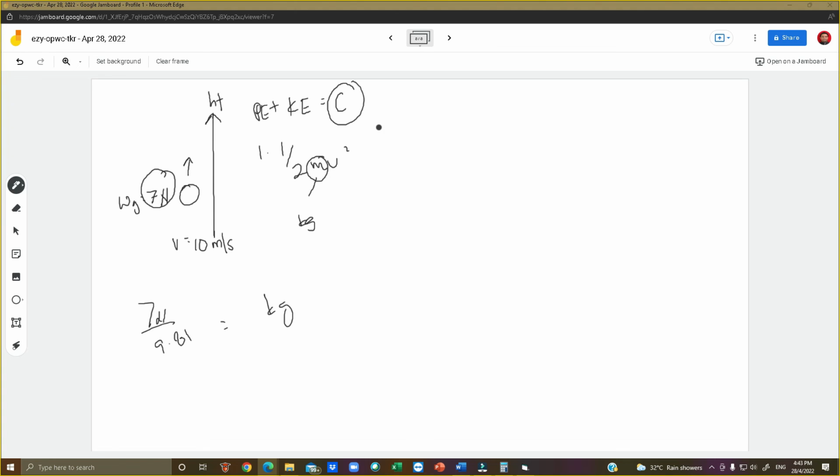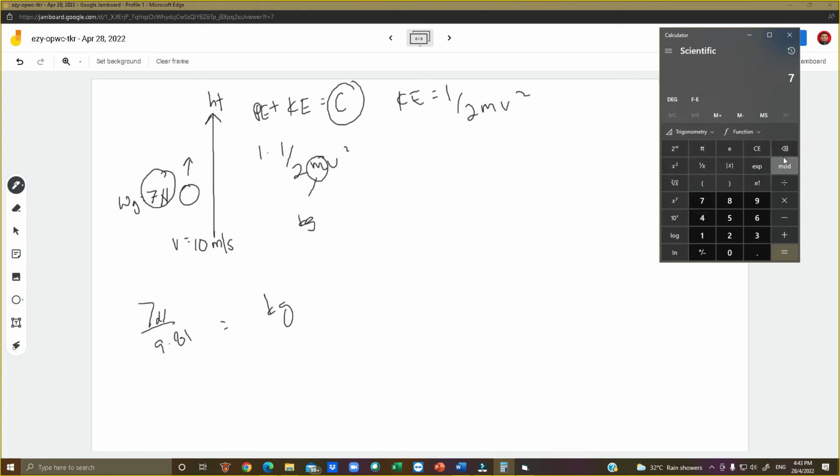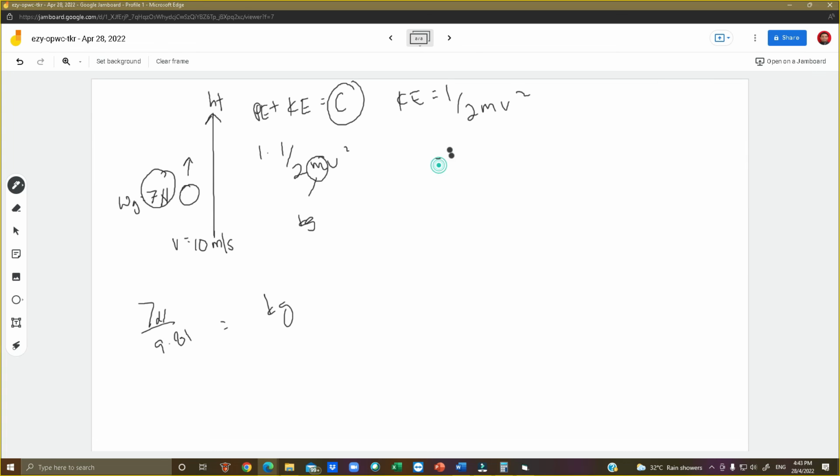Kan simple je ni. KE equals to half mv². So first kita kena cari dulu m dia berapa. 7 bahagi 9.81, we have 0.71. So KE dia ialah half times 0.71 times 10².